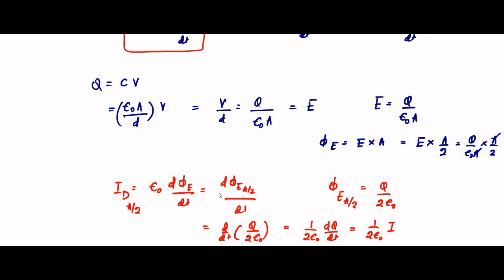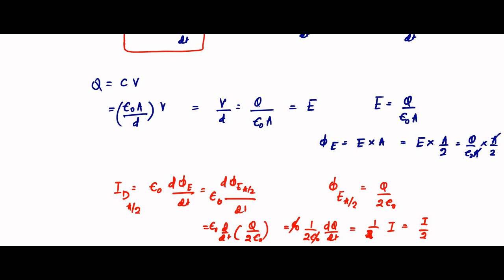Another thing I missed here is epsilon 0 before d by dt. So epsilon 0 gets cancelled, and there will be no epsilon 0, only 1 by 2 into I, so it is I by 2.